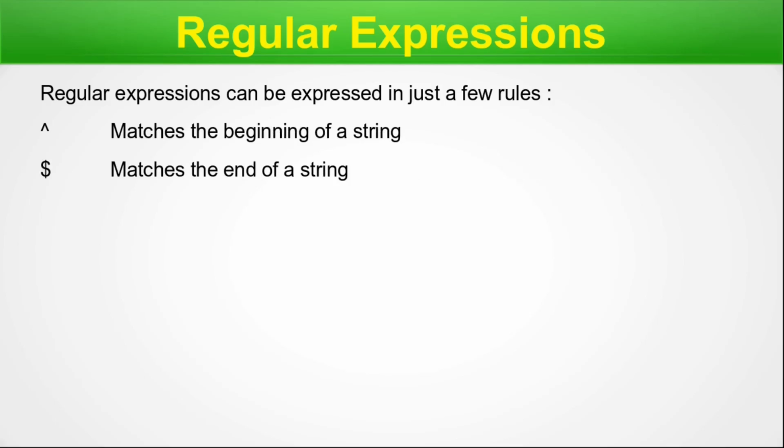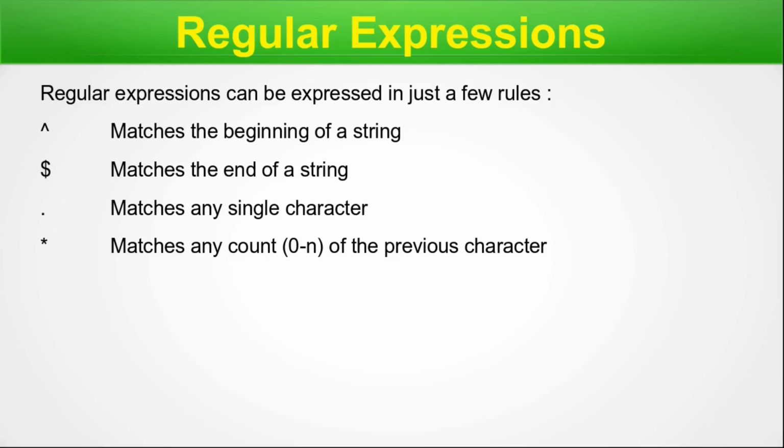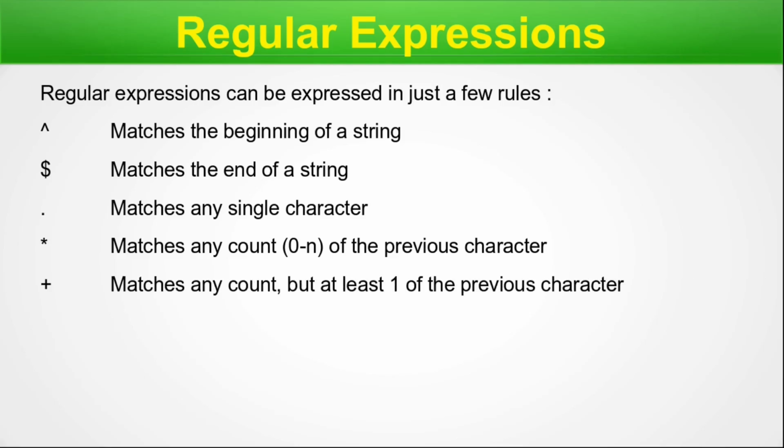Regular expressions can be expressed in just a few rules. Caret matches the beginning of a string, dollar matches the end of a string, dot matches any single character, star matches any count of the previous character, plus matches any count but at least one of the previous character.